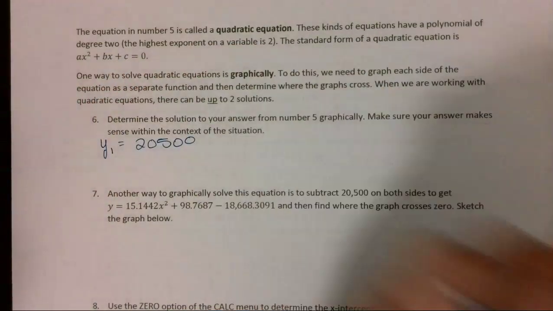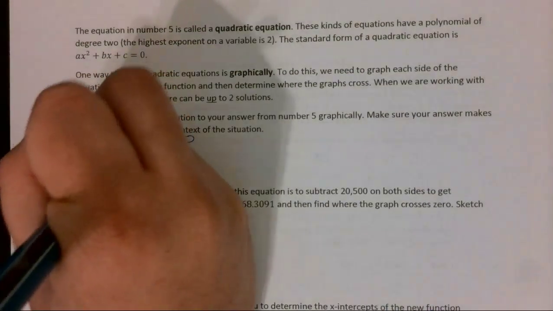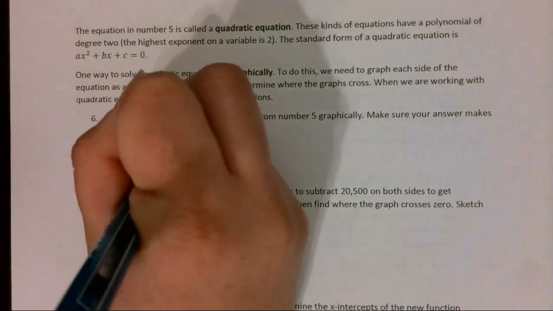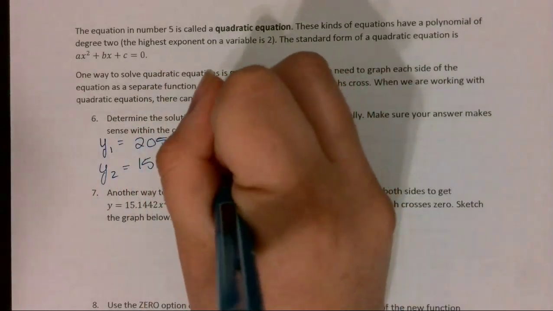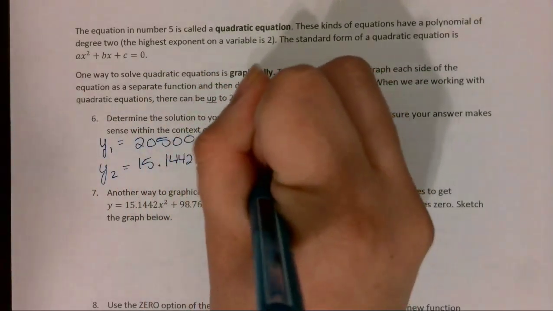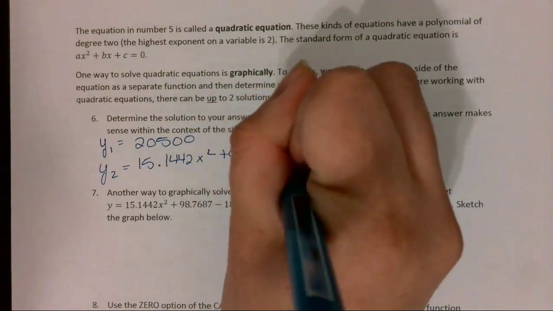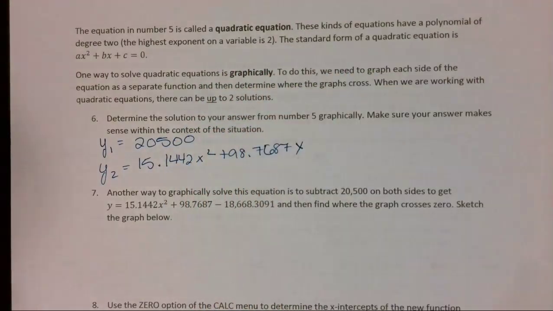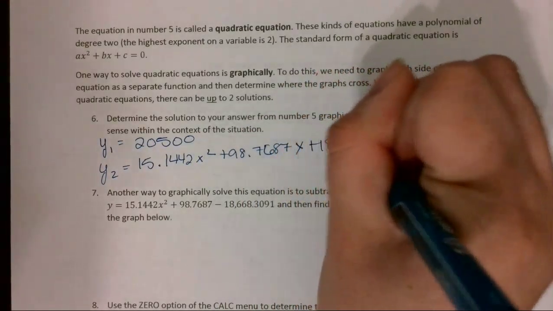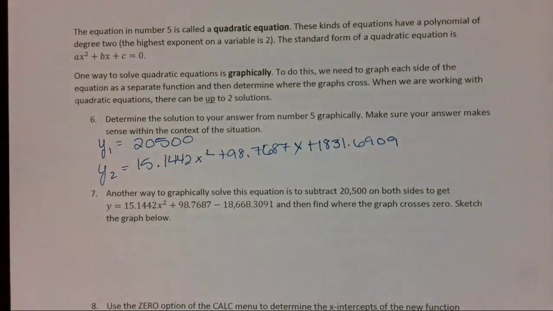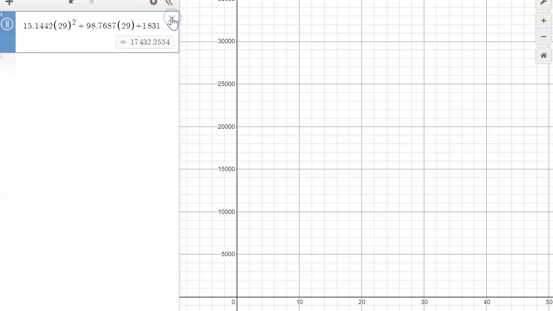And then my second one is going to be 15.1442 x squared plus 98.7687 x plus 1831.6909. And then I'm going to go back in. We can have up to 2 solutions when we're solving this way, but number 6 is wanting to make sure our answer makes sense. So when I go graph it, I want to make sure it makes sense.